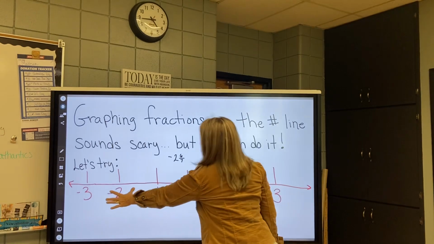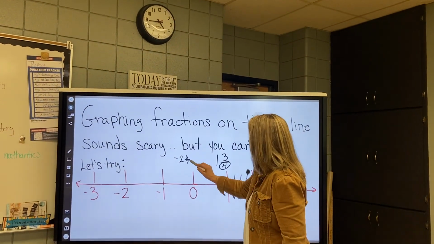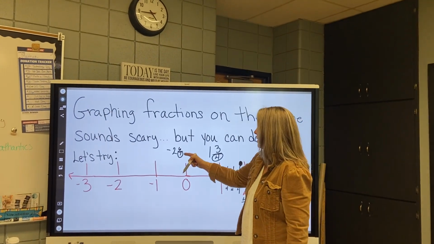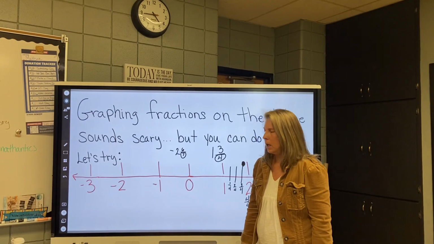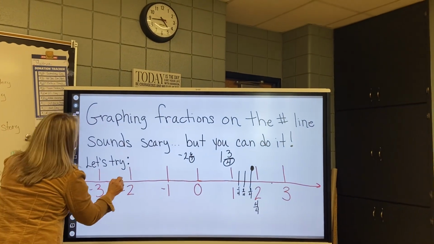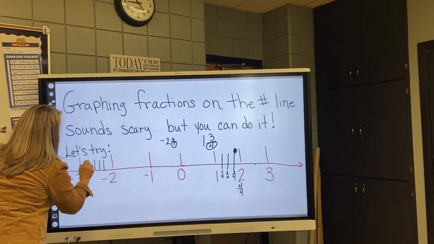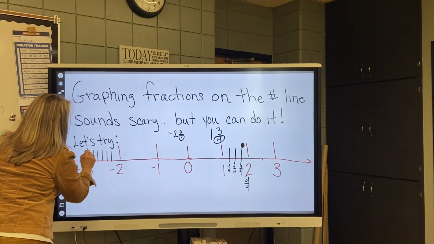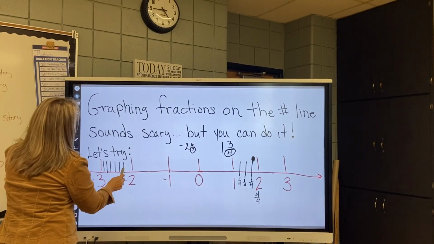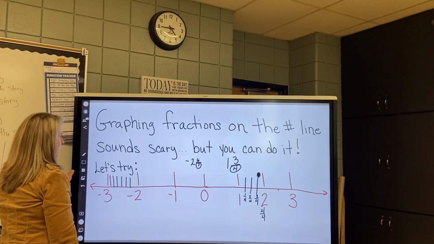No. So it's going to go between the 2 and the 3. Now I look at my denominator, which is 7. So I either want 7 spaces or 6 lines. Let's do the 6 lines. 1, 2, 3, 4, 5, 6. So I've got 1, 2, 3, 4, 5, 6, 7 spaces.